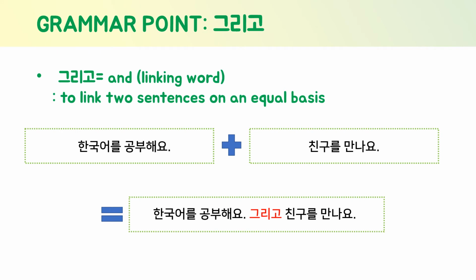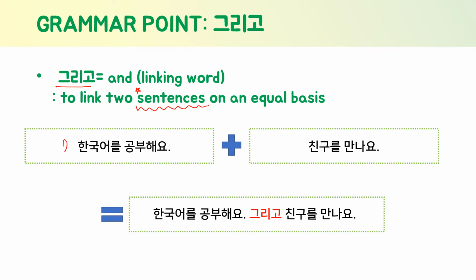Okay, so the next one is the linking word, which is 그리고, and. You can use this word 그리고 to link two sentences, not two words, two sentences on an equal basis. So for example, there are two sentences here.